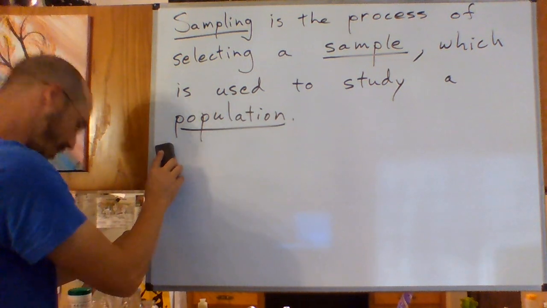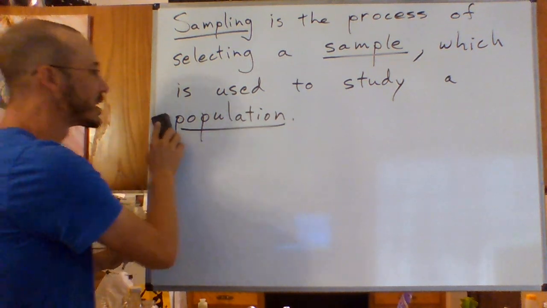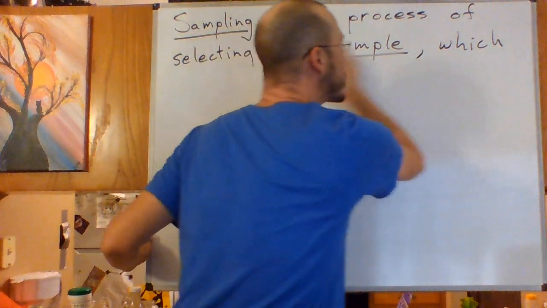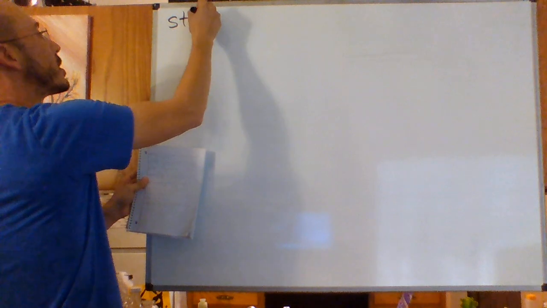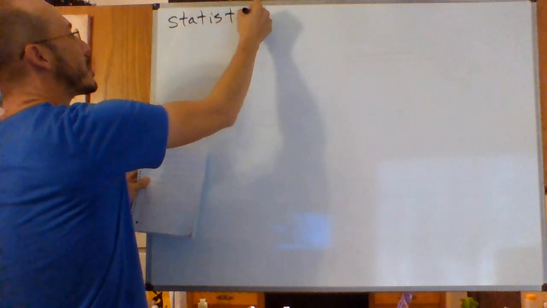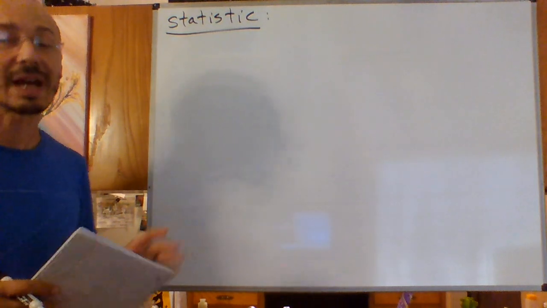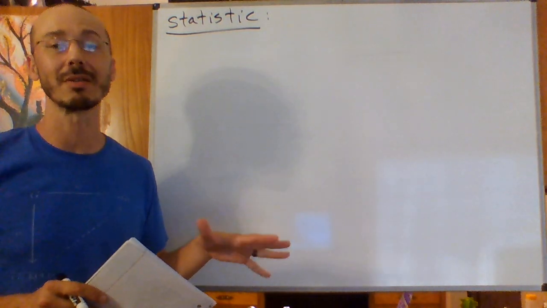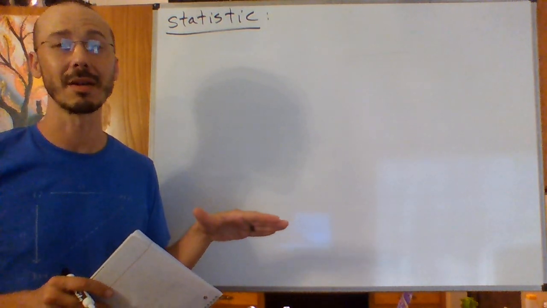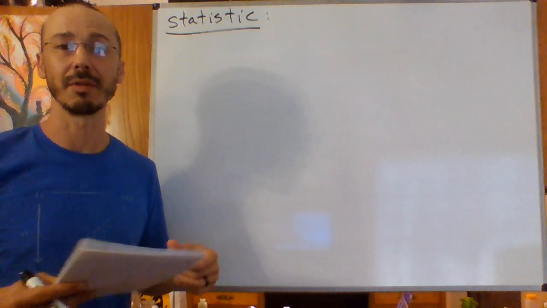So I've got a few more terms that kind of go together. So I'm going to start from the clean board and this one. So not statistics. I mentioned earlier that statistics is the mathematical study of data.